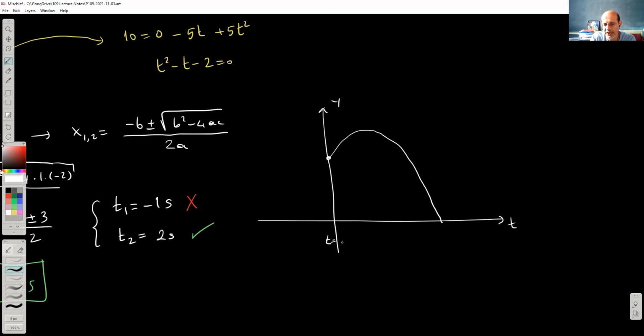So that's t equals 0. And the motion ends in here where the time is t equals t2. So that's 2 seconds. But of course, this is a parabola. So as an ideal shape, I can extend this graph in here. Even though the rock doesn't follow this path, I can still extend this graph.